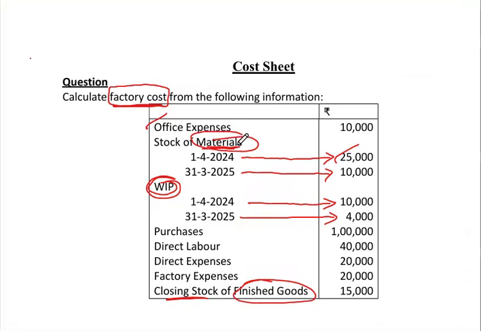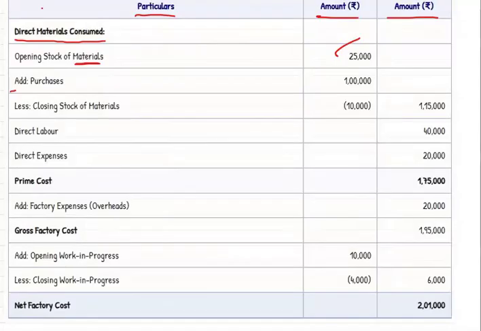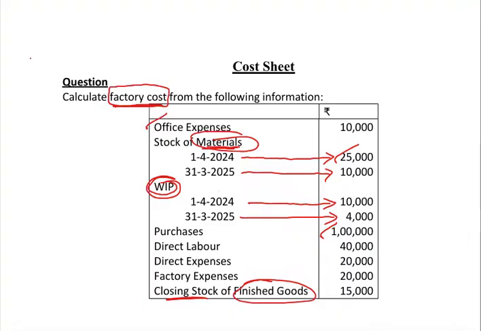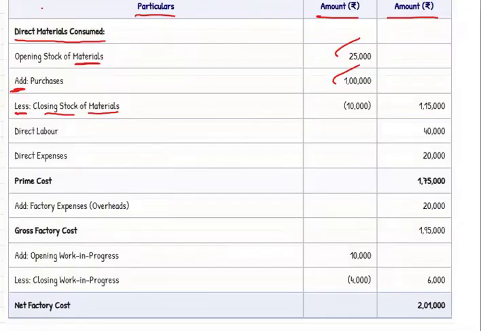For the material information, we take the stock of material first, that is the opening stock 25,000. In that we add the purchase. Purchase is 1 lakh rupees. Add the purchase, 1 lakh rupees. From this we deduct the closing stock of raw material, given as of 31st March 2025, which is 10,000 rupees.